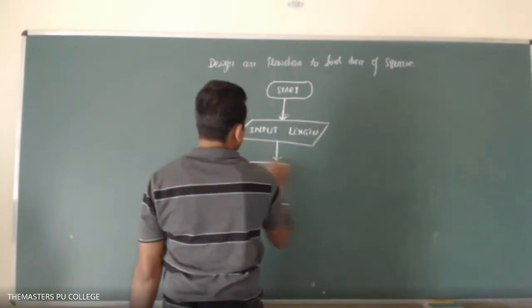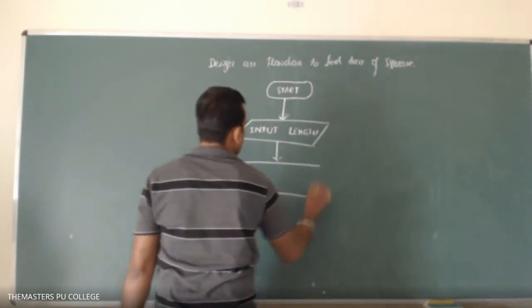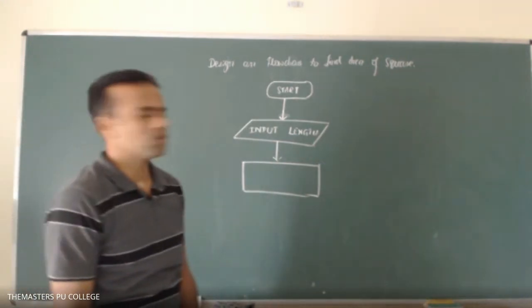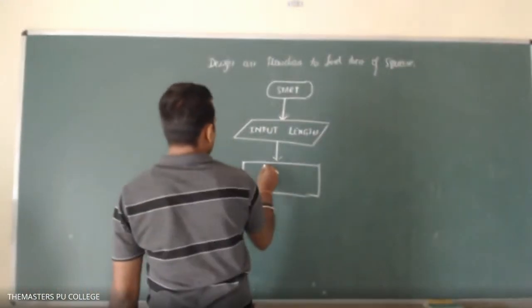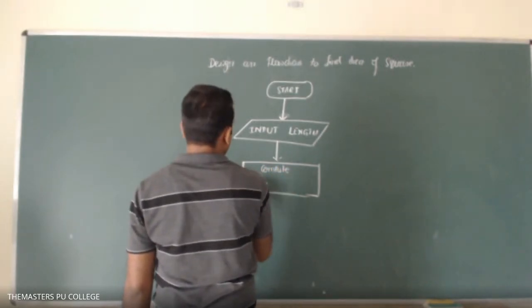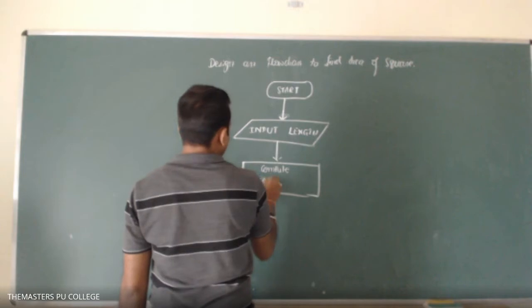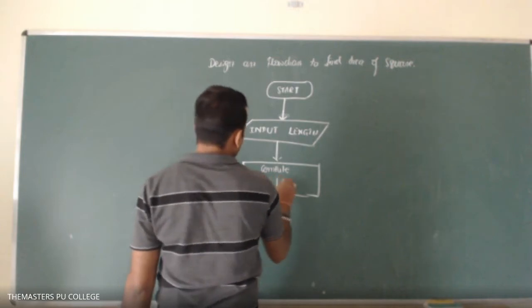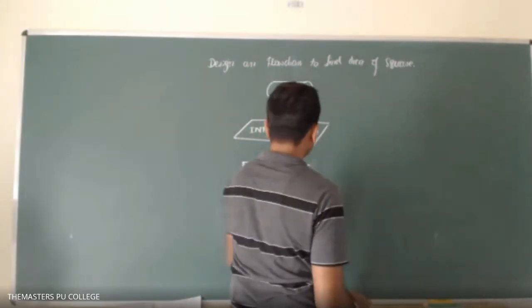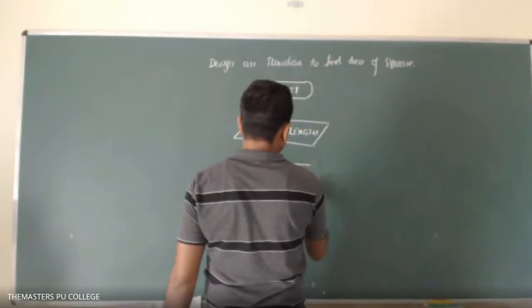And then for processing, what is the processing symbol? The rectangle is the processing symbol. So compute area. Area is equal to length into length. You can give L into L or length into length.